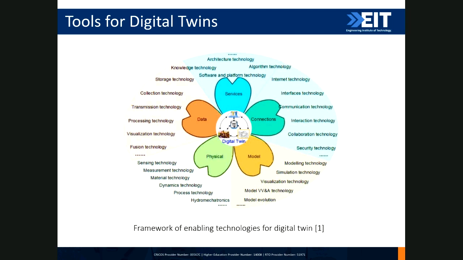Now, what are the tools for digital twin technologies? So here in this diagram, few tools are shown. It's a 5-dimension model. As we can see, there are 5 dimensions to that. 1, 2, 3, 4, and 5. So various technologies are required to support different modules of digital twin, physical entity, virtual model, all those 5 dimensions.